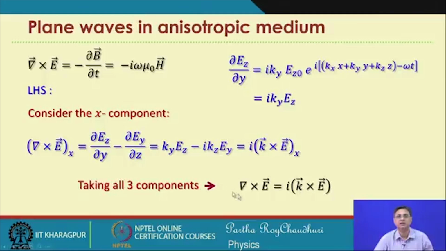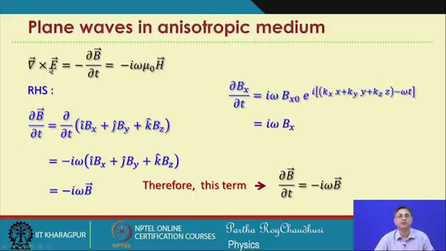So, this is the general relation of the electric field, but this del cross E is equal to minus del B del t. So, we will bring in this quantity on the right hand side. So, the right hand side gives you del B del t, this vector. So, I omega I b x plus j cap b y plus k cap b z put together will give you minus I omega B. So, this is for the x component.